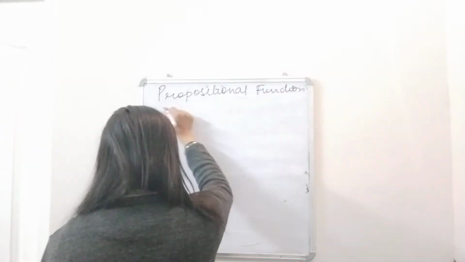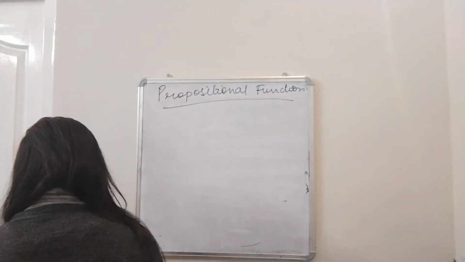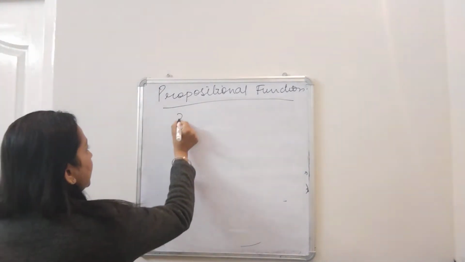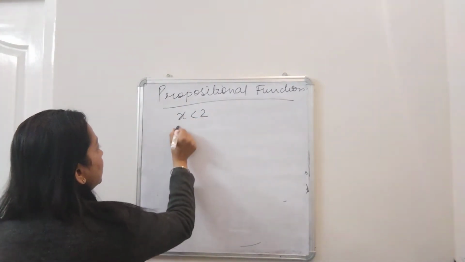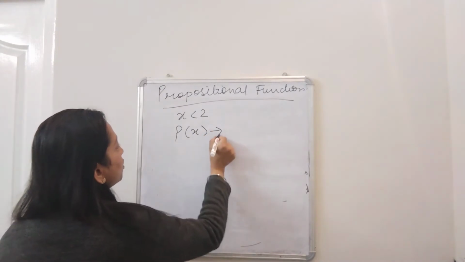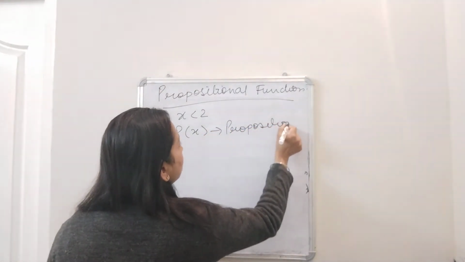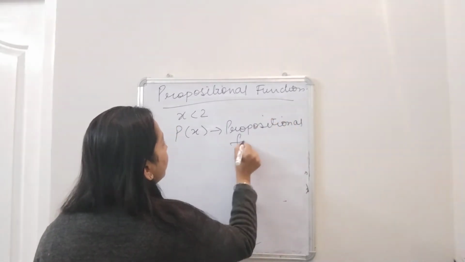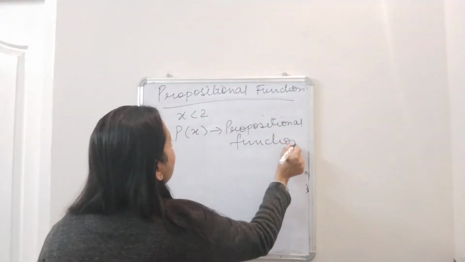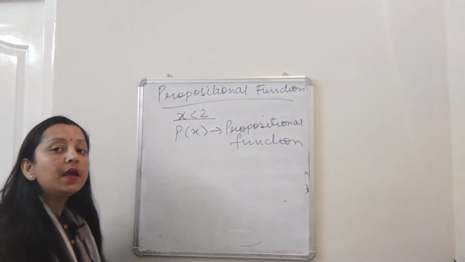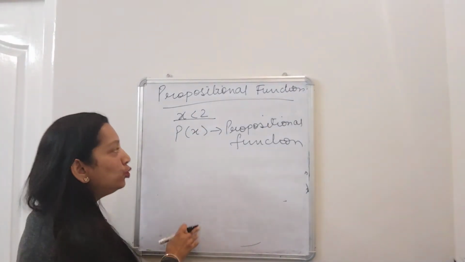So, what is a propositional function? When I say x is less than 2, I can denote it by p of x, which is also known as the propositional function. Here, x is less than 2 is the predicate, which has two parts.